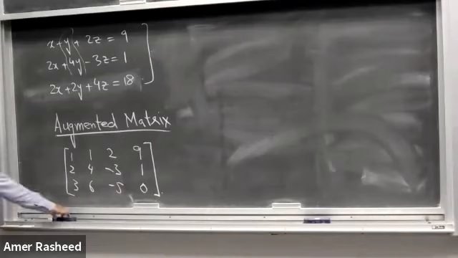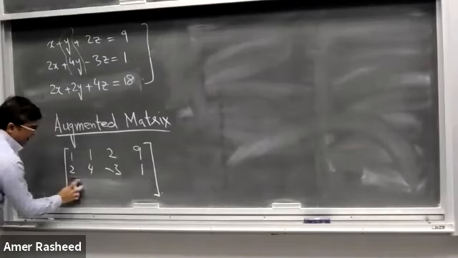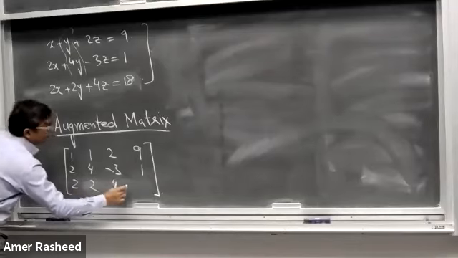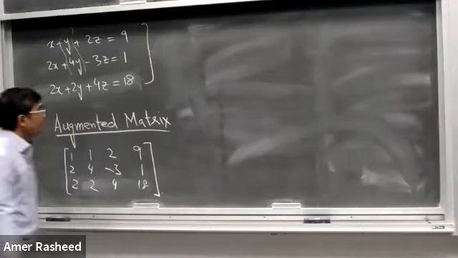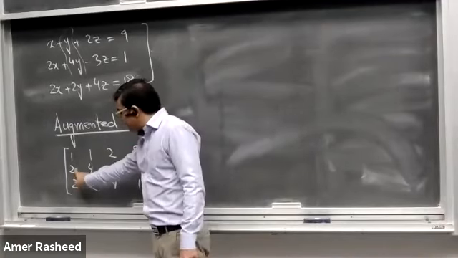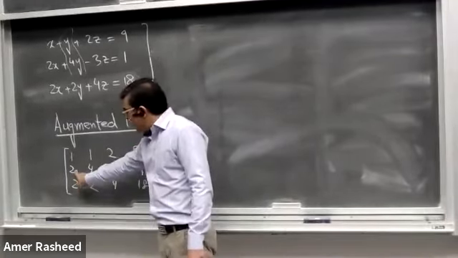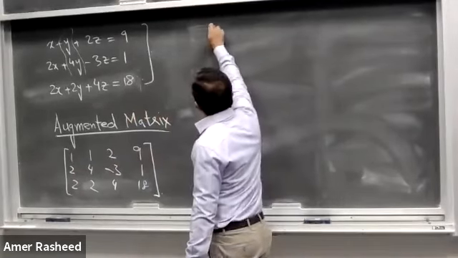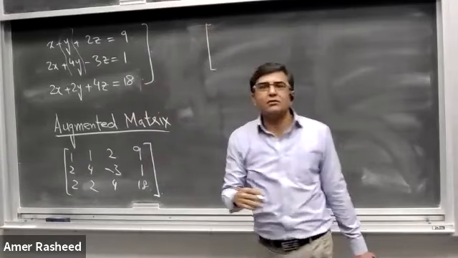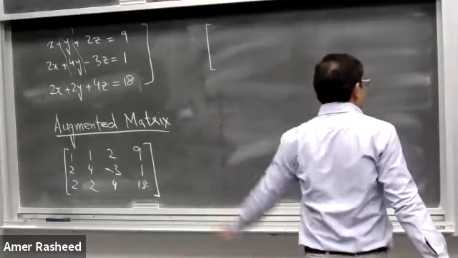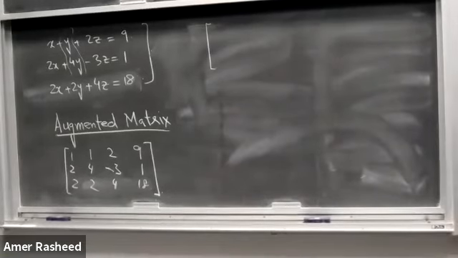In the augmented matrix, we get 2, 2, 4, 18. Again, we try to make zeros here. A zero will come here, and the other entries will remain the same. I'm going to write directly the resulting echelon form of this matrix.